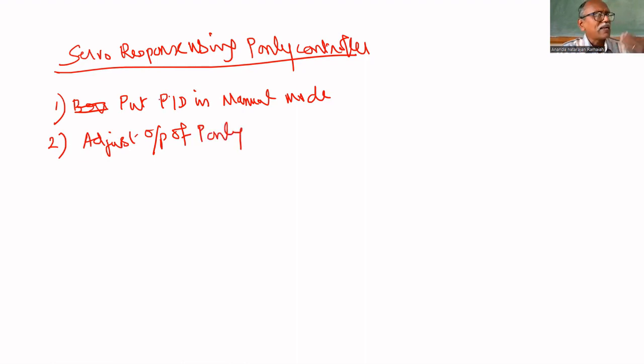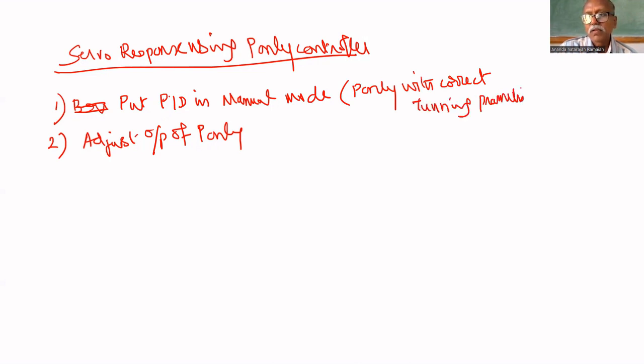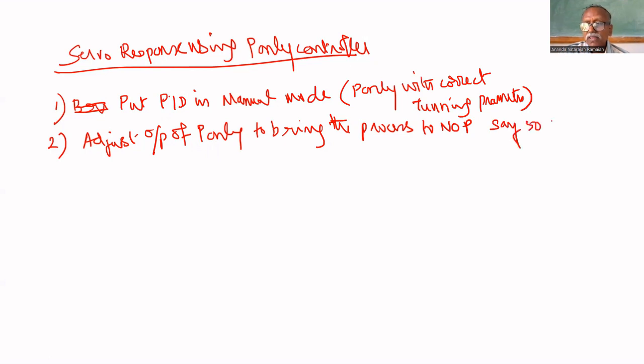So put the controller in P only and enter the correct tuning parameters. Then adjust the output of the P only controller to bring the process to the nominal operating point, say 50%.